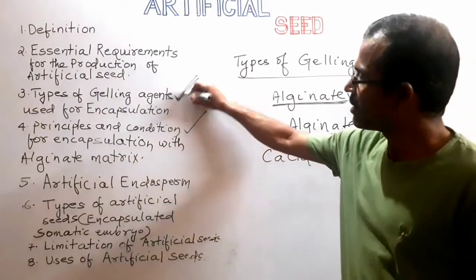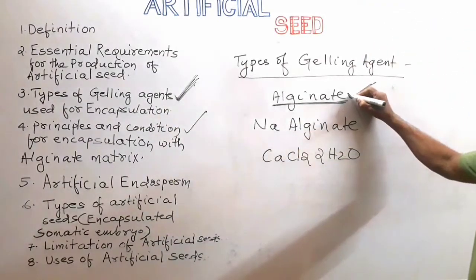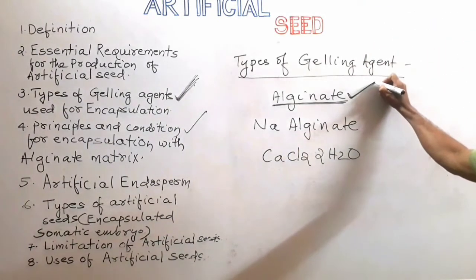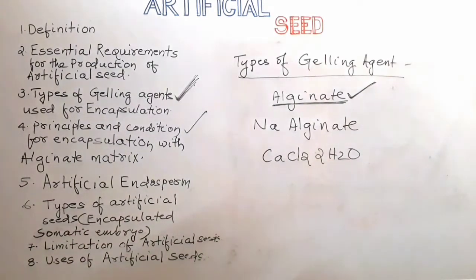Types of gelling agents used for encapsulation. Alginate encapsulation is more suitable for the production of artificial seed.